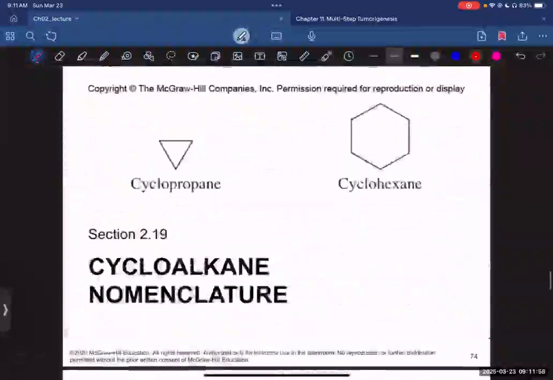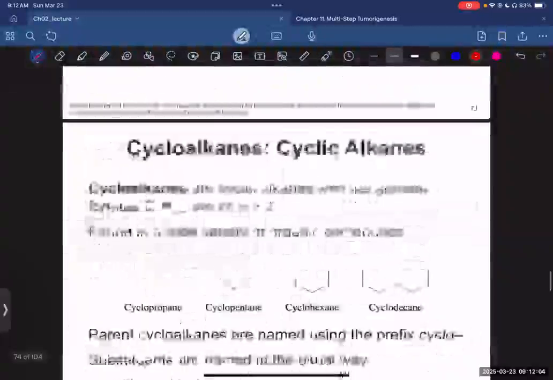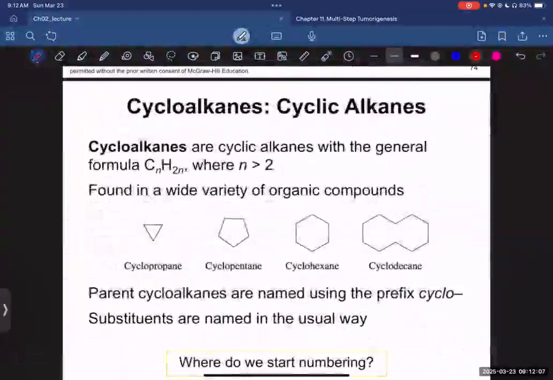Now, let's go on to learn about cycloalkanes and how to name these. So, when we look at cycloalkanes, first of all, their molecular formula is going to be CnH2n.